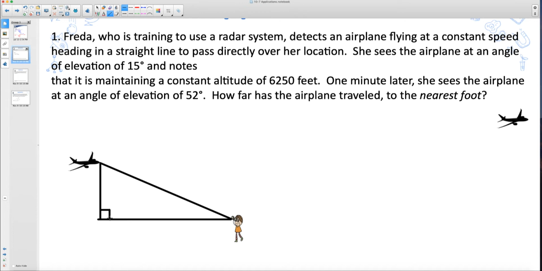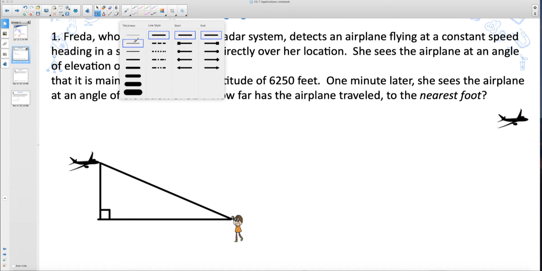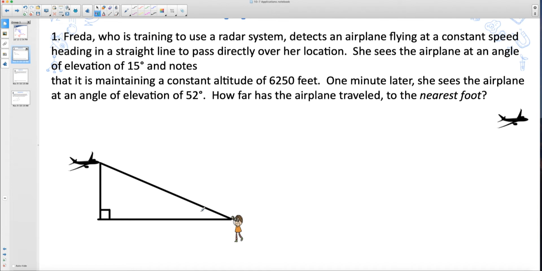Okay, so there we go. And I'm going to go ahead and put in 15 degrees. Another thing is that it's maintaining a constant altitude of 6,250 feet. So 6,250.